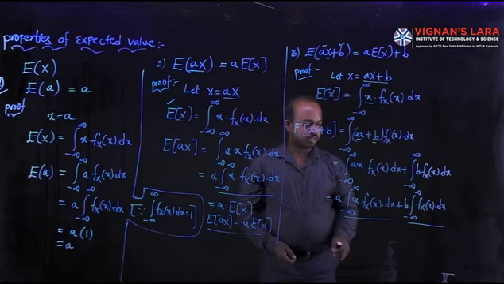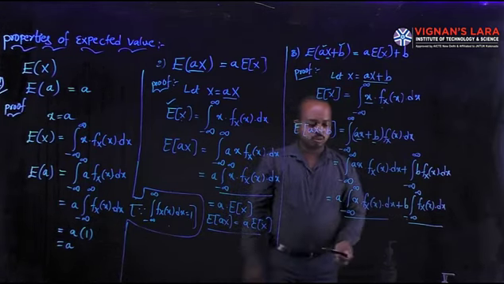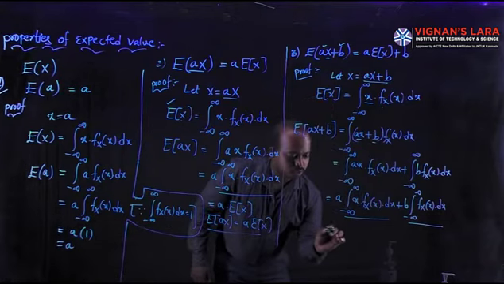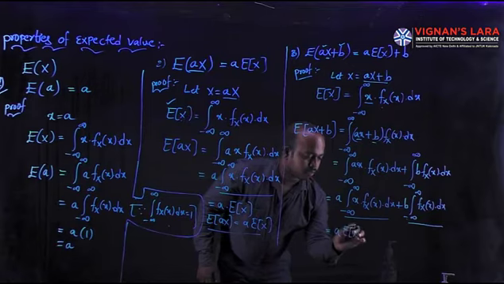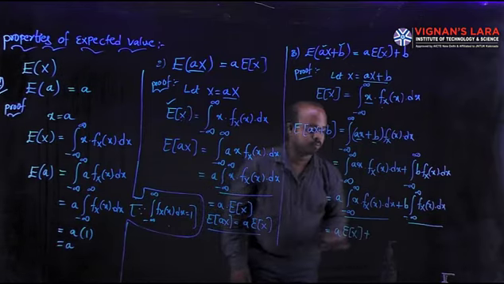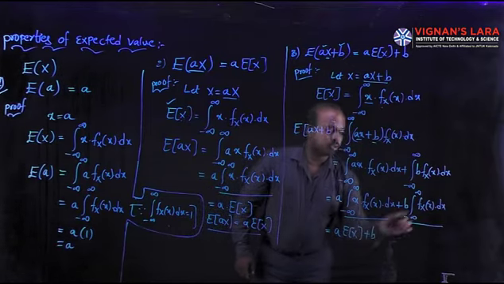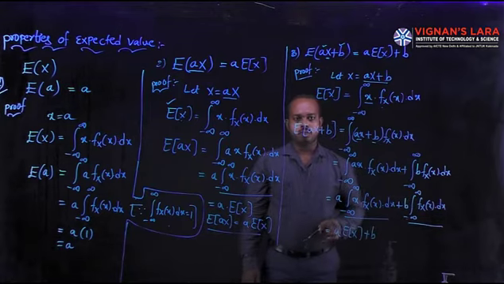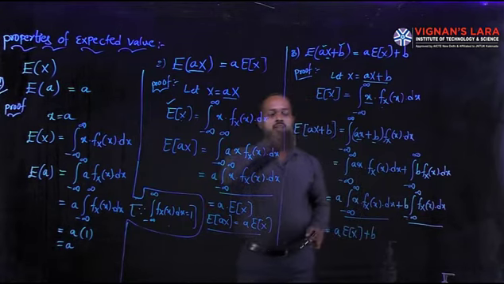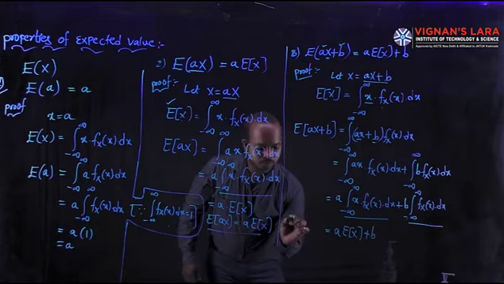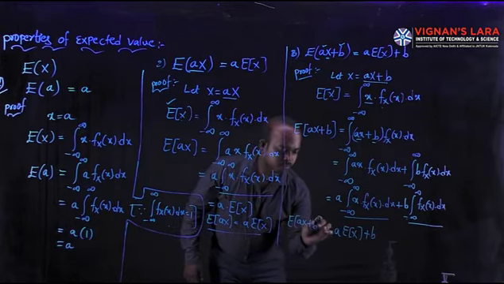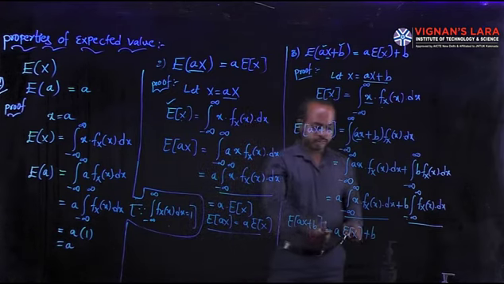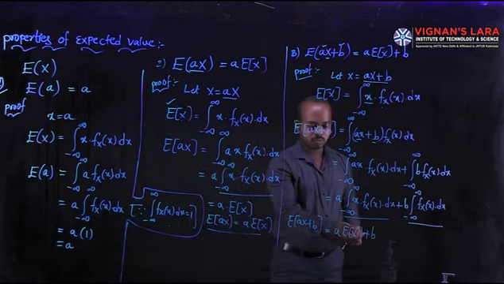Now I am replacing its equivalent values, then the final value becomes a into expectation of x plus b into 1. Now we are obtaining that the third property is expectation of ax plus b is equal to a into expectation of x plus b.